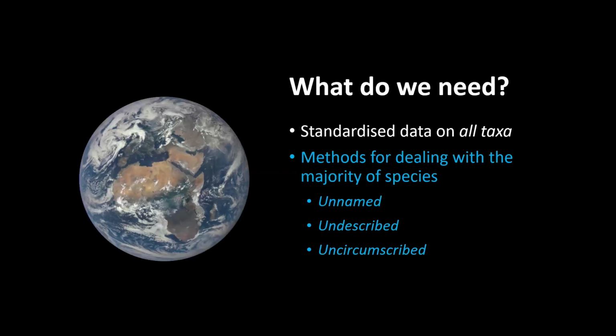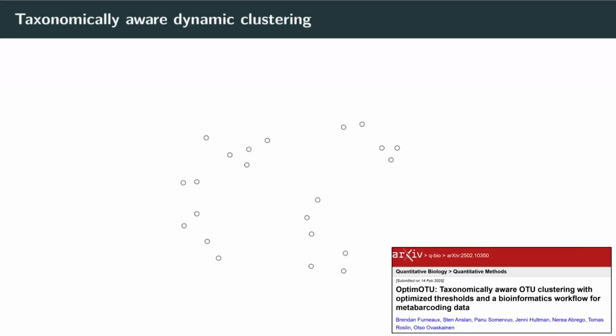But the second part that Otso was talking about is that we need a new type of methods for dealing with this kind of unknown or dark diversity. Just why that is important, and how LIFEPLAN is contributing with new results, I will try to illustrate by talking more about something Otso already talked about, because this is really an important thing.